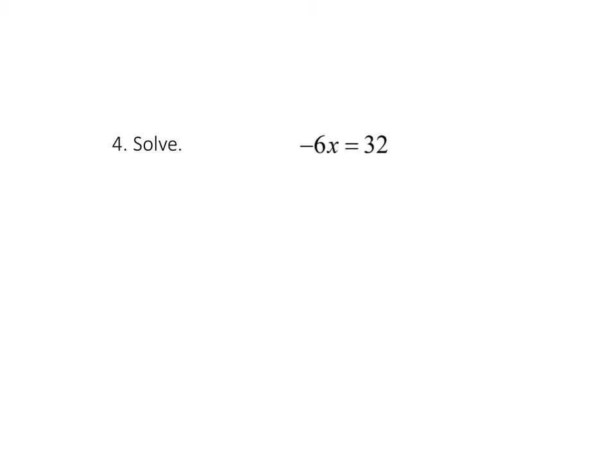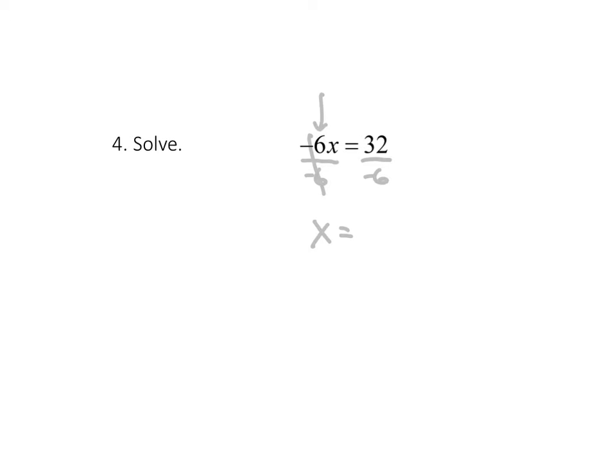In this linear equation, what's attached to the variable? Negative 6. How is it attached? Negative 6x implies multiplication. How do we break multiplication? Through its inverse operation, division. We'll divide both sides by negative 6. Negative 6 divided by negative 6 is 1, leaving only x on the left-hand side.